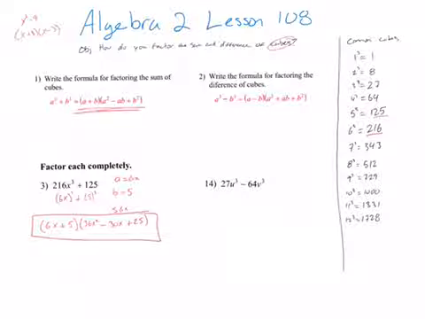For this next one here, think of this as being 3u squared minus 64 is 4, so it's going to be 4v cubed, sorry.